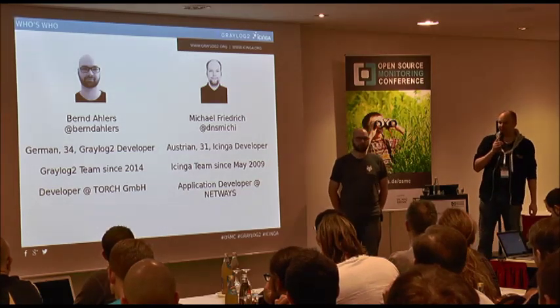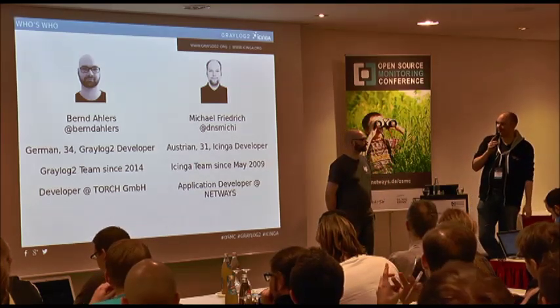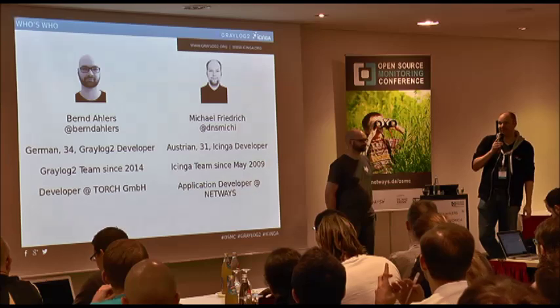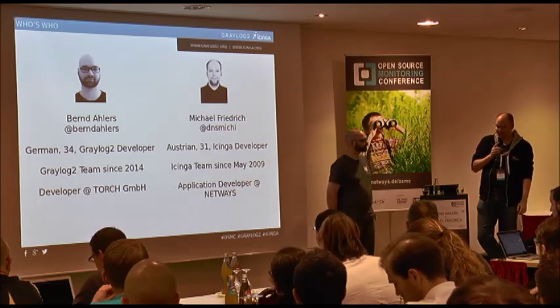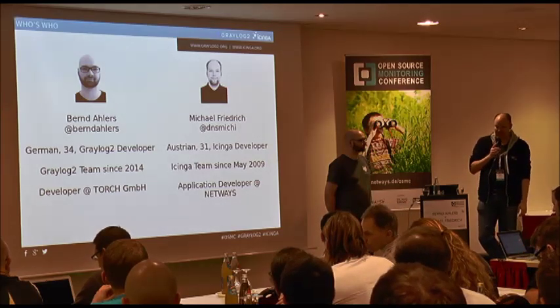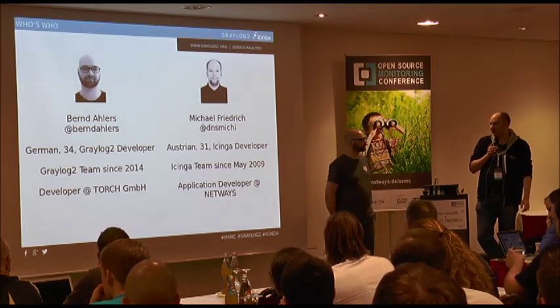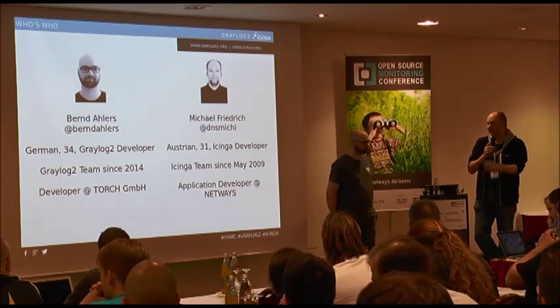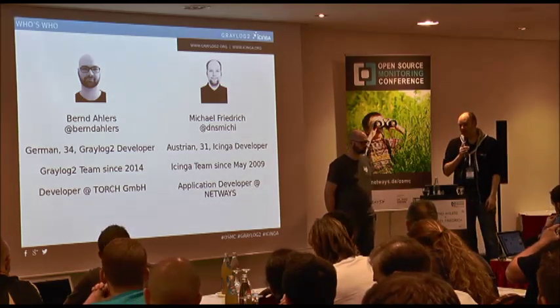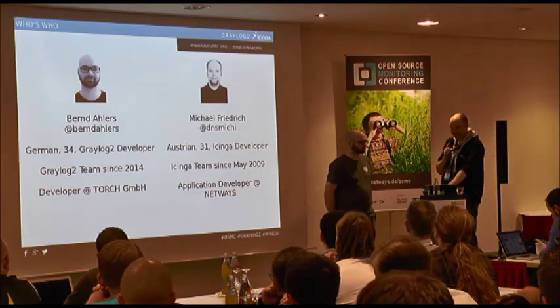I live in Nuremberg, so I don't spend 5 hours at home and then travel here. I've been on the Icinga team since 2009. I'm maintaining the 1.x branch and also developing Icinga2. I'm an application developer at NETWAYS, and you may recognize my nickname on Twitter, the forums, and so on. So I think you know me somehow.